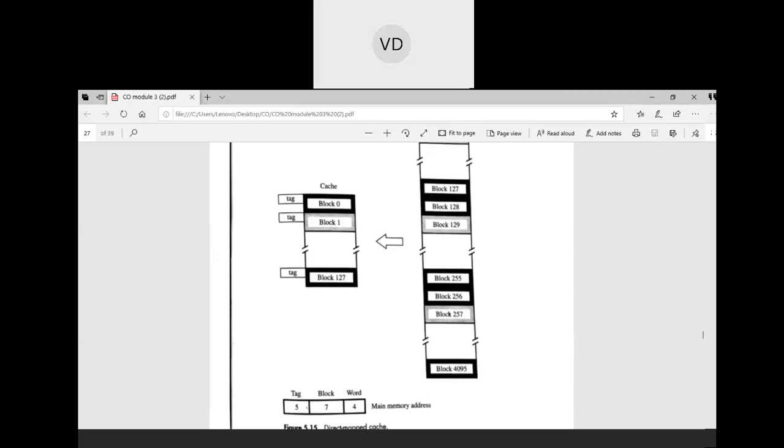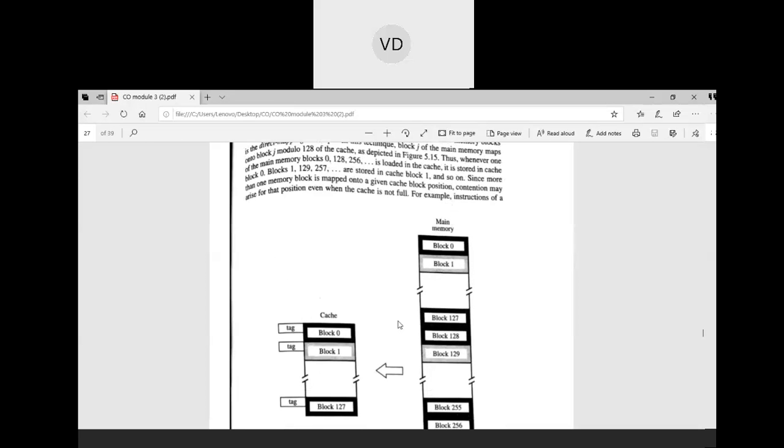The lower order 4 bits identify which word among the 16 words in each row. The next 7 bits identify which block I have to store the data into, and the remaining 5 bits are the tag, which is matched between the cache memory and the main memory block number. Like this we are doing.